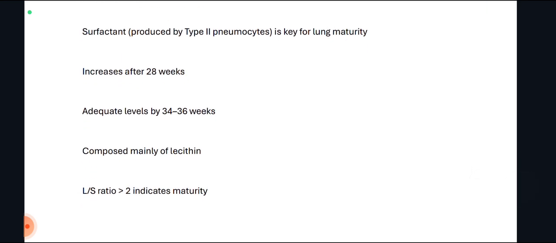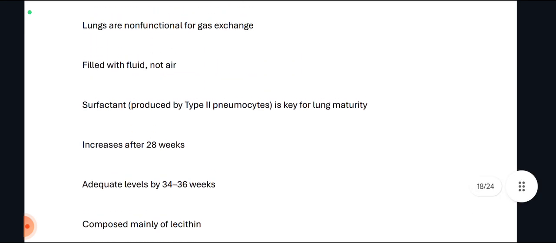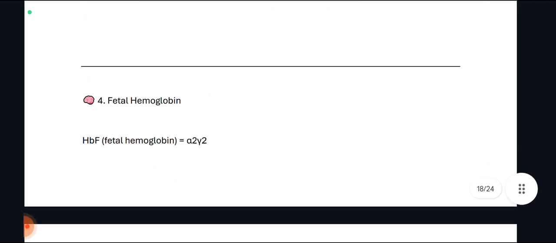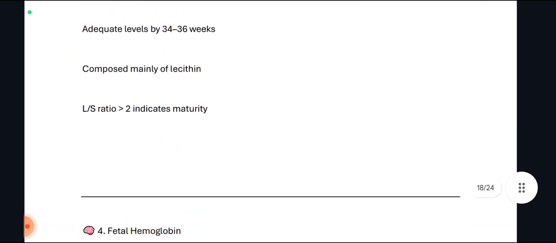This is mostly composed of lecithin, and an L to S ratio (lecithin to sphingomyelin) of more than 2 indicates the maturity of the lungs. And this is a prime concern in premature deliveries. So if deliveries are before 28 weeks or around 28 to 30 weeks, there are more chances of development of acute respiratory distress.